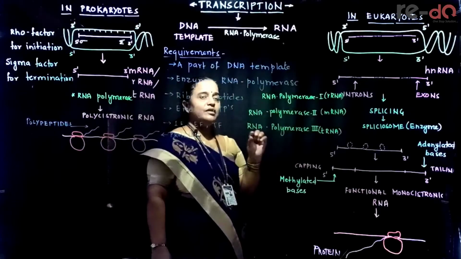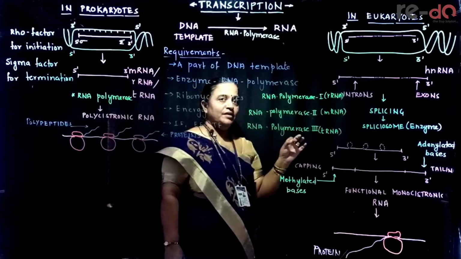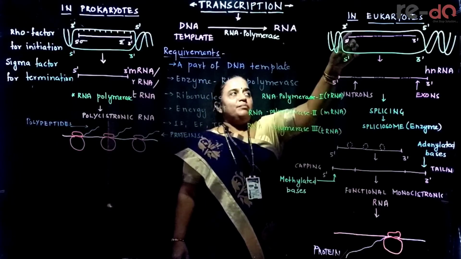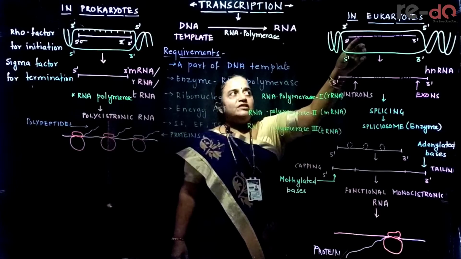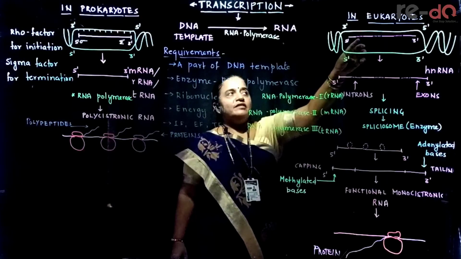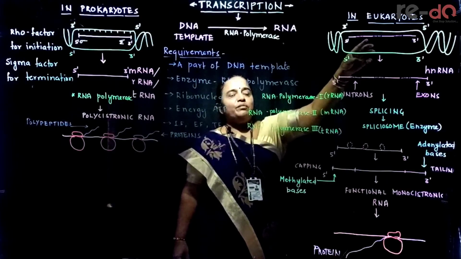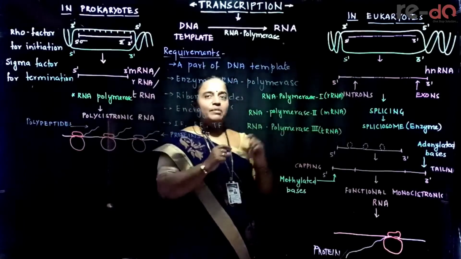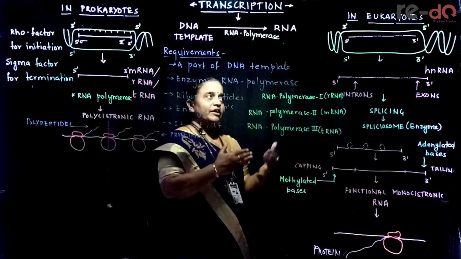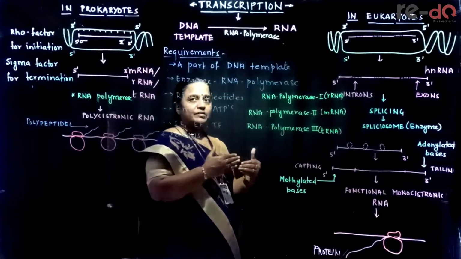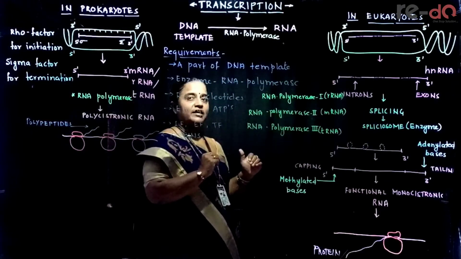Here I have shown a dark line and a dotted line. Dark means the message for protein synthesis. Dotted means the message is there but not necessary for protein synthesis. Then again a message for protein synthesis. So here the message is interrupted, not continuous. Now when this RNA molecule comes out, let us consider this is messenger RNA.